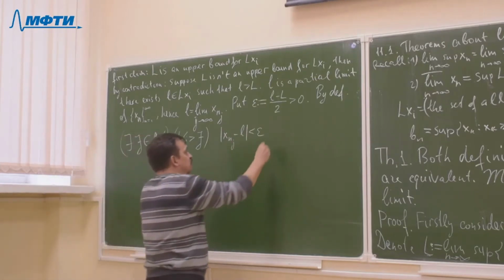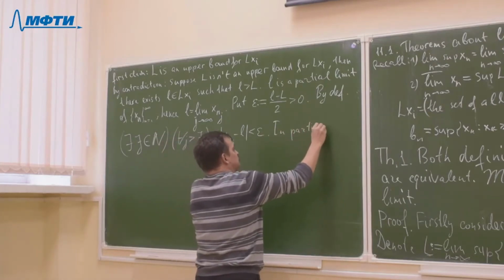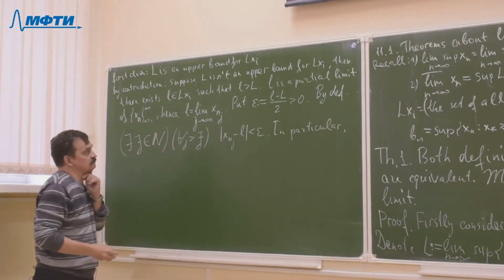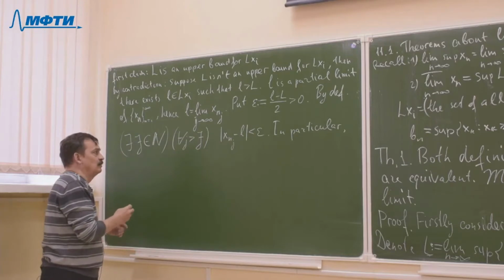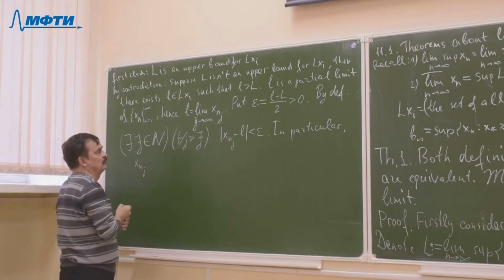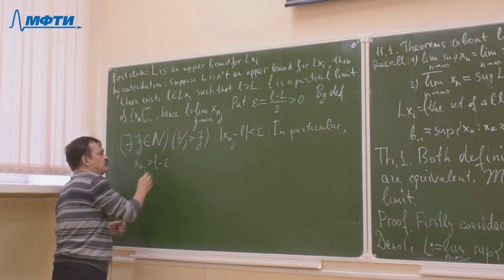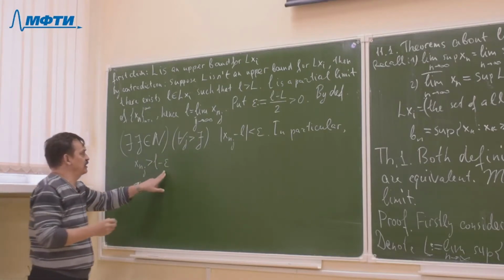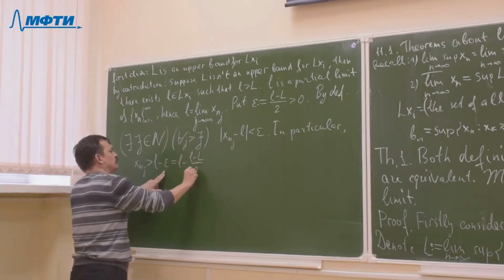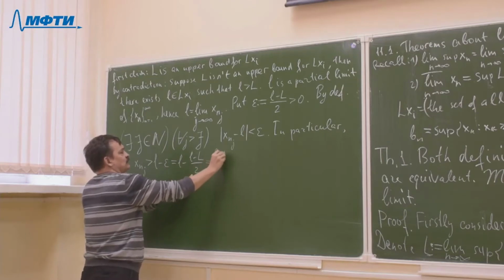And in particular, x_{n_j} is greater than l minus epsilon, and l minus epsilon is, if we substitute, l minus (l minus L) over 2, and that is (l plus L) over 2.